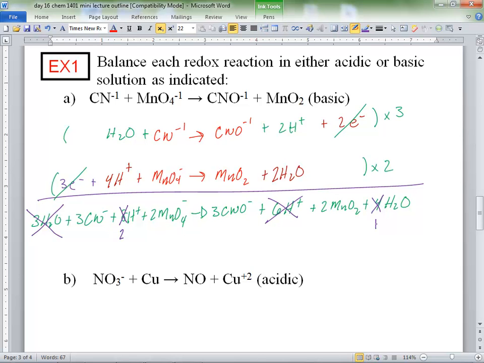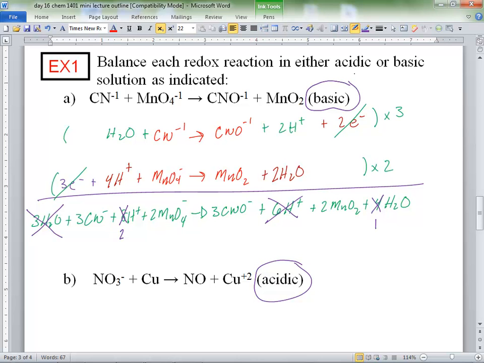And we're at the bottom of the sheet, step 6, if in basic solution, they want you to do something. So if we were in acidic solution, like this one is, we could have quit at that point. But in this problem, we're in basic solution, so we cannot quit.